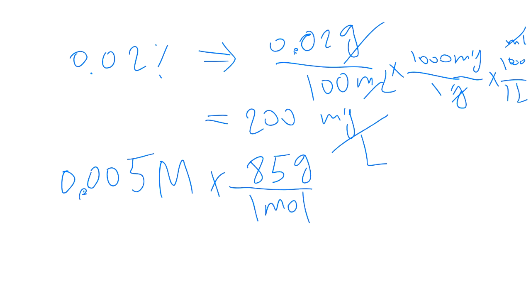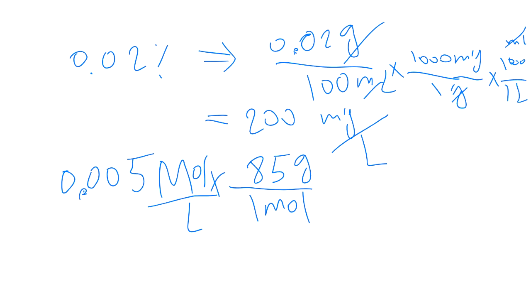So you change this to gram. And this is mole per liter. So all we have to do is just gram. So when you find the gram, then you want to change it to milligram per liter.